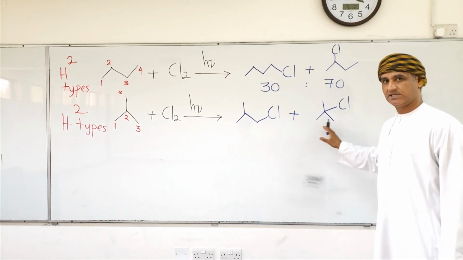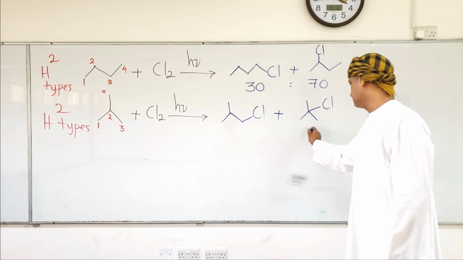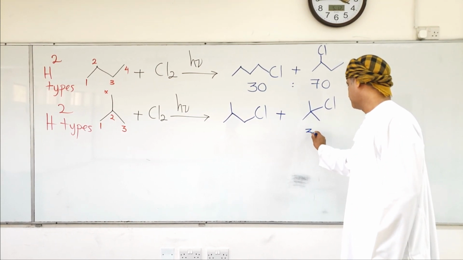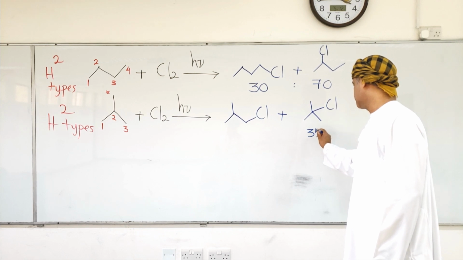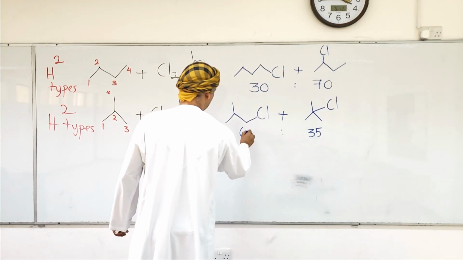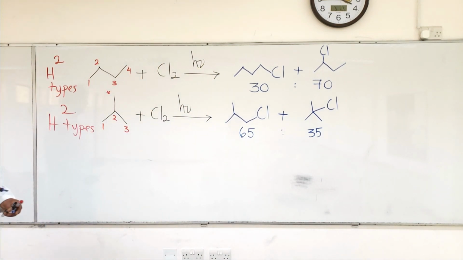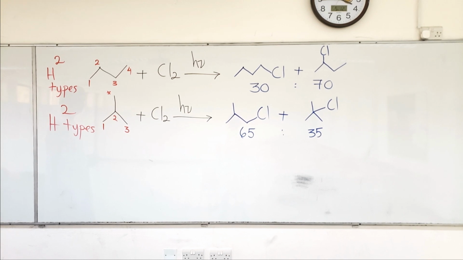So 2 products in this case, and the ratio that is obtained is 35 in this case and 65 in this case. So these are the relative numbers for the products obtained in these reactions.